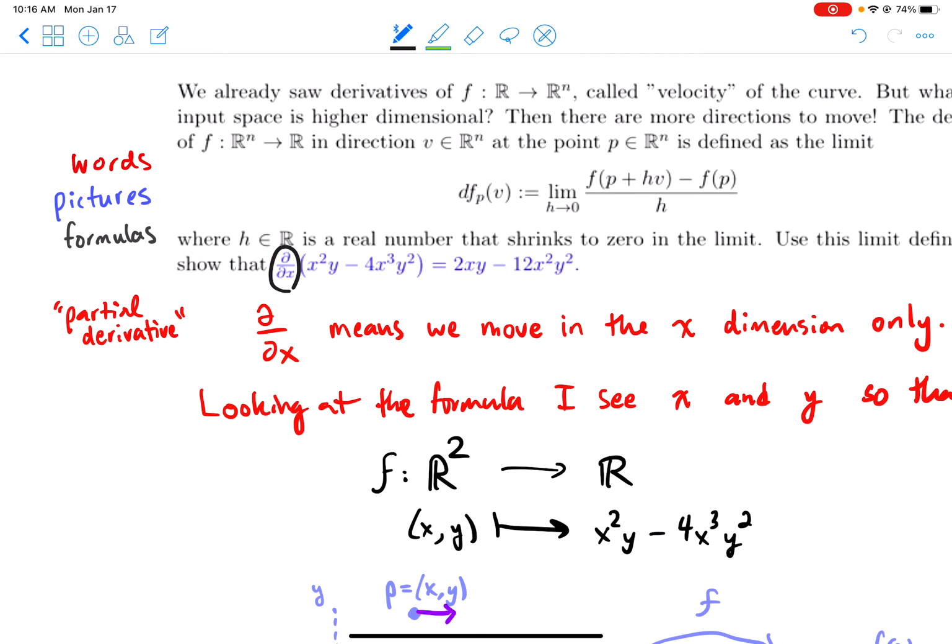And again, partial x, I look at this and I just see, well really it's a minus 4. And if my y is not a variable but is held constant, 4x to the third becomes 12x squared. And the minus sign and the y squared are just hanging around as constants.